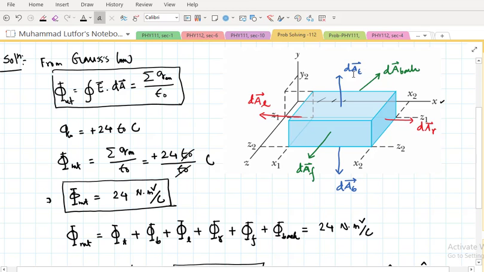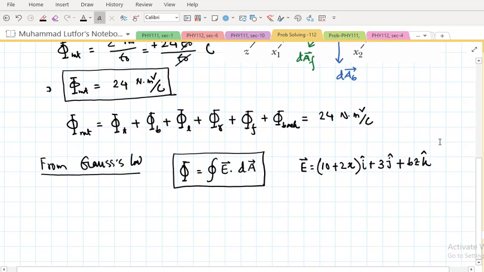Top surface will be towards the positive y direction, and bottom surface towards the negative y direction. Same as the front surface will be towards the positive z direction, and the back surface towards the negative z direction. So then I can write this area vector separately in terms of unit vectors.